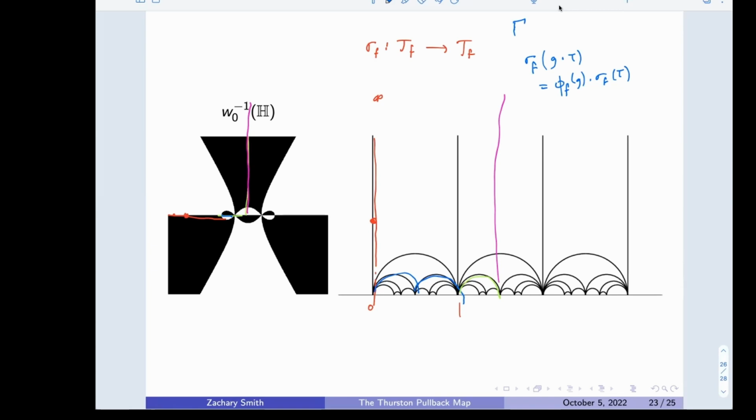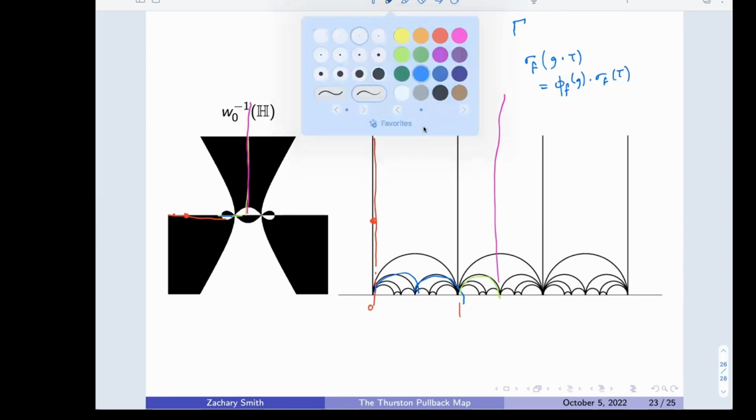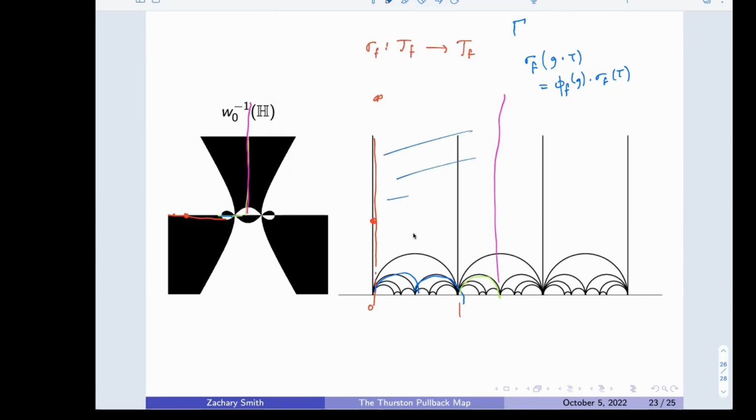So it's possible to draw a fundamental domain in the upper half plane. In principle, if I understand where my sigma F maps just this stuff here, between all of my colored edges, then I can use this pseudo equivariance property to figure out where sigma F sends everything else as well.